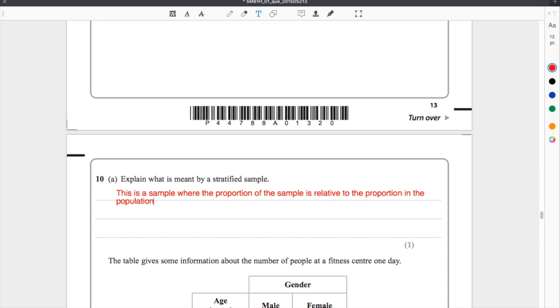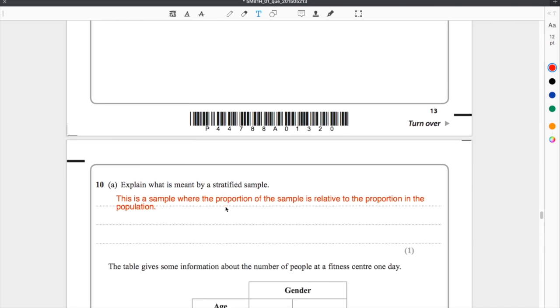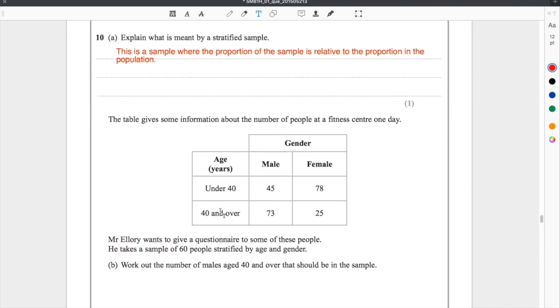So, in other words, the sample is representative of the population. That's 1 mark there.